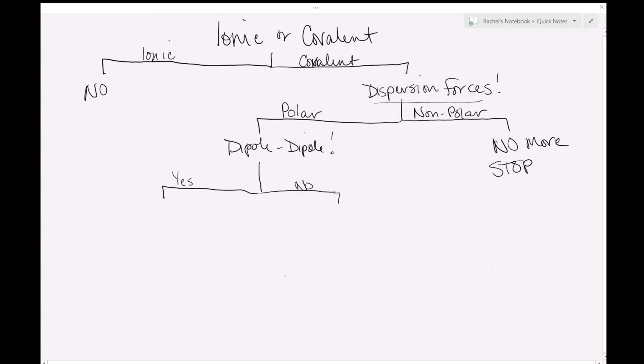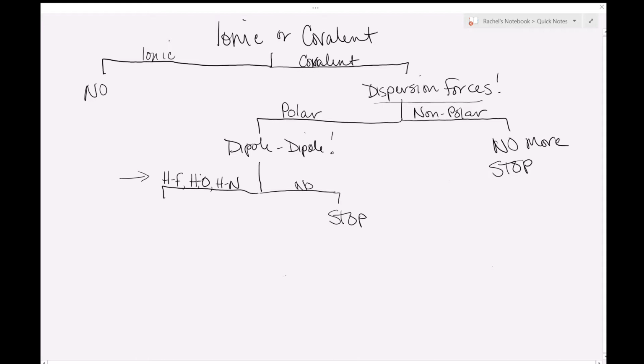Now, in order to say yes, that means that it has to have bonds that are between a hydrogen and a fluorine, a hydrogen and an oxygen, or a hydrogen and a nitrogen. If it has any one of these bonds, then we're going to say yes, it can hydrogen bond. If it does not have any of those bonds, then it's no, and we're just going to stop. Okay?